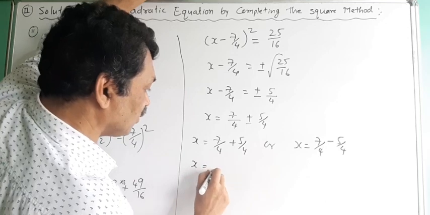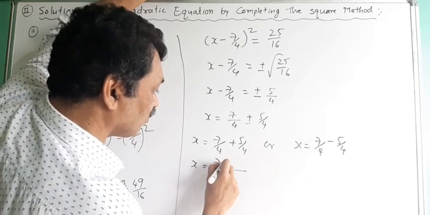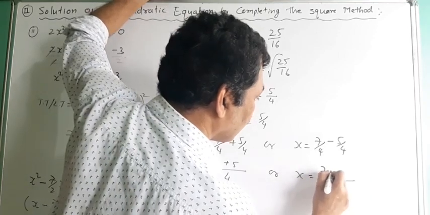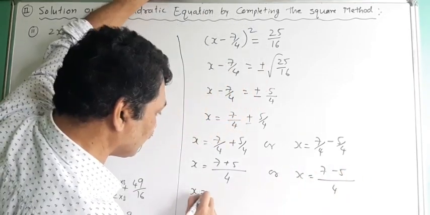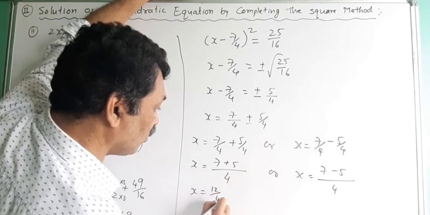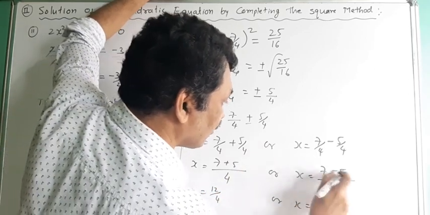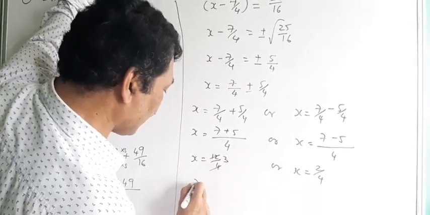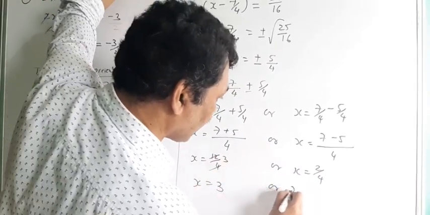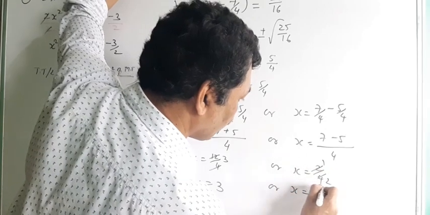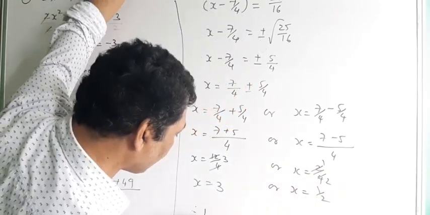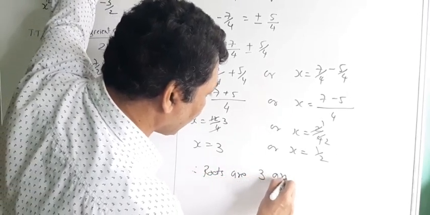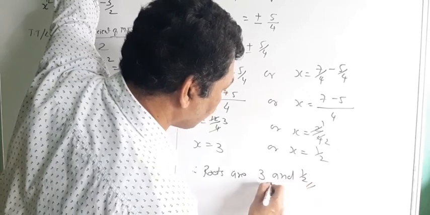Taking 4 common, x equals 7 plus 5 upon 4, or x equals 7 minus 5 upon 4. So x equals 12 upon 4, or x equals 2 upon 4. Therefore x equals 3, or x equals 1 upon 2, and therefore the roots are 3 and 1 upon 2.